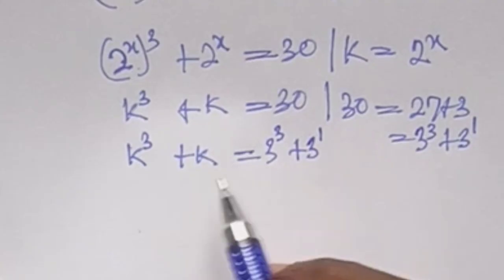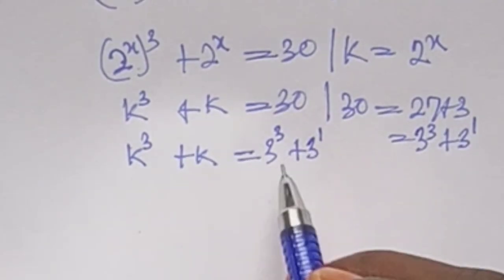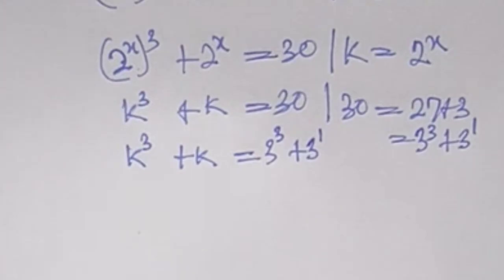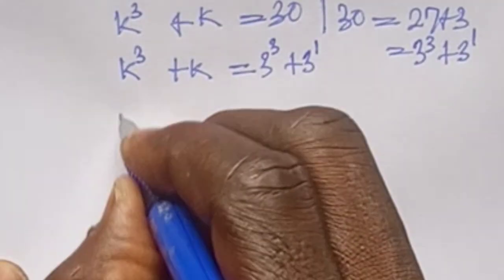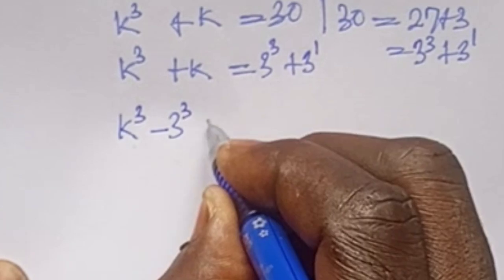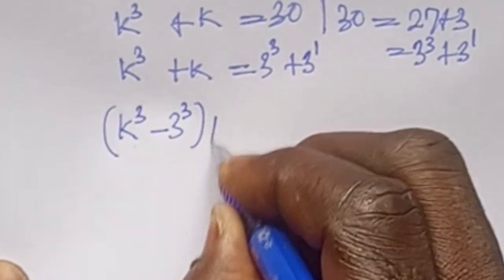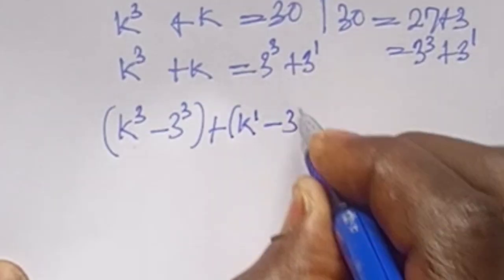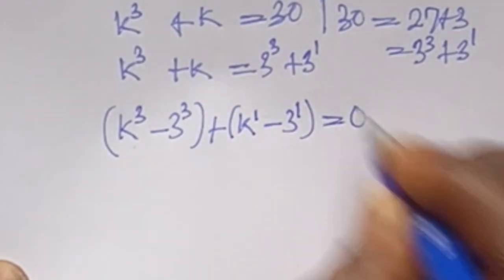So if we decide to group them according to their powers, that means we bring the right hand side to the left hand side, so the next line becomes k to the power of 3 minus 3 to the power of 3, in bracket, plus k to the power of 1 minus 3 to the power of 1, is all equal to 0.